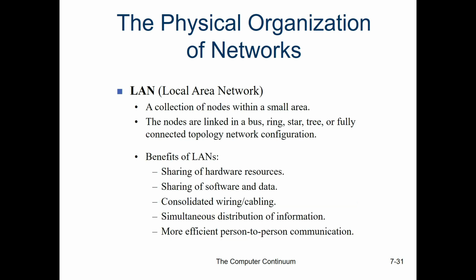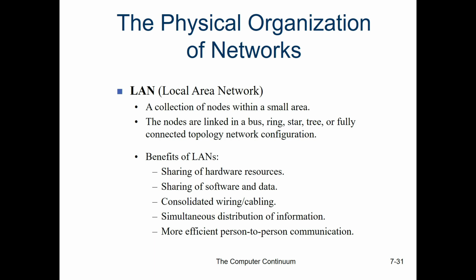Then we have LAN, local area network, which is a collection of nodes within a small area, like in your university, or if we go big, then it could be a big office, and the nodes are linked in a bus, ring, star, tree, whatever topology.